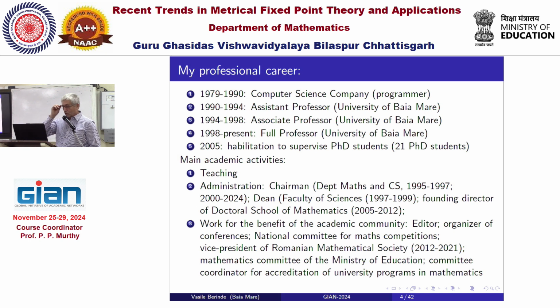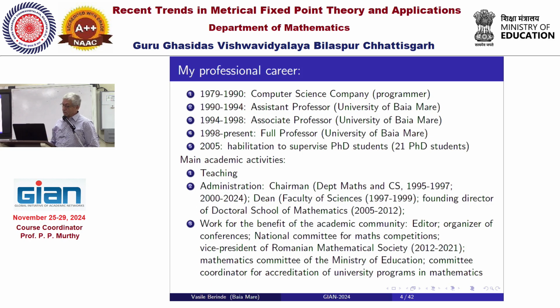I was also involved in the leadership of the Romanian Mathematical Society, which is an old mathematical society. For two terms I was a member of the Mathematics Committee of the Ministry of Education.